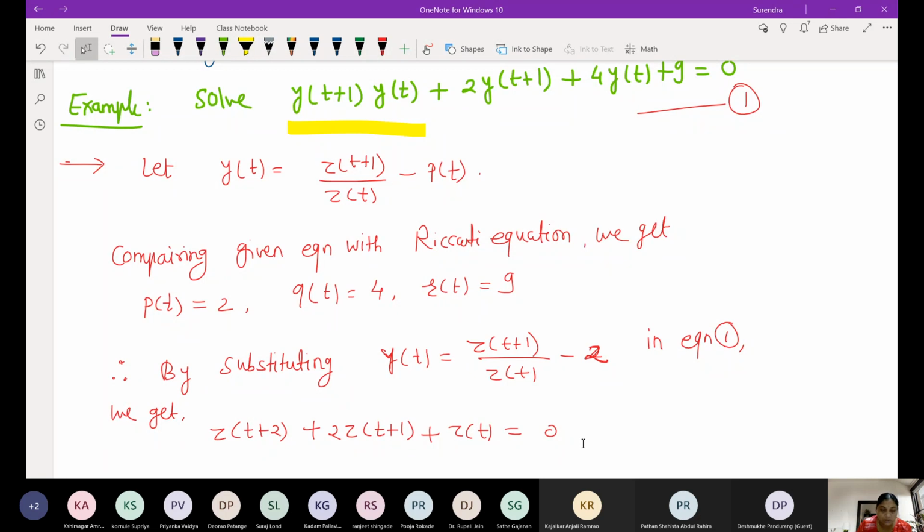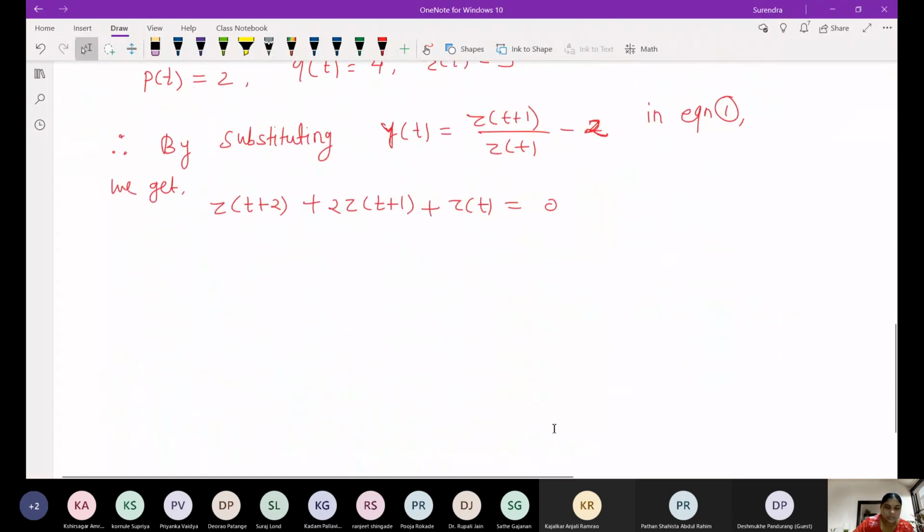Anybody got this? Are you trying? Yes, ma'am. Okay. So just 2-3 steps you have to do, and you will get this equation.